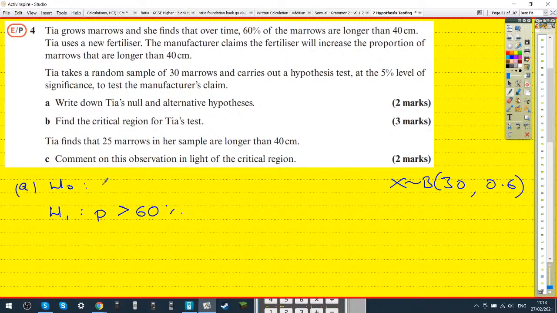Probability that's equal to 60%. If you're flipping a coin, H null would be the probability lands in heads is a half. And if you're testing that it's biased towards heads, you'd say probability is greater than a half. Or if it's biased the other way, less than a half. Okay, that's A. Part B.